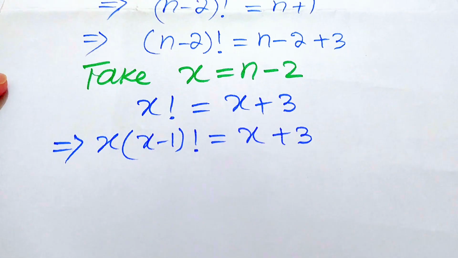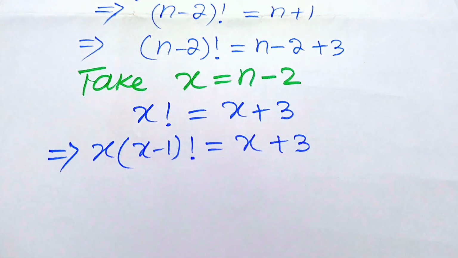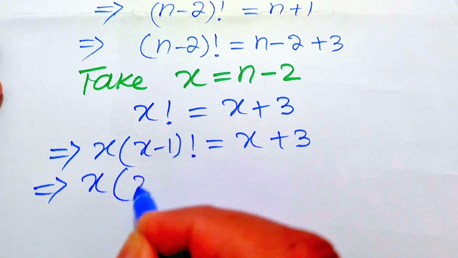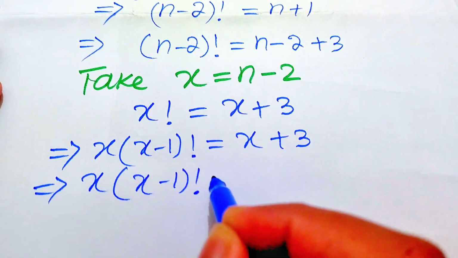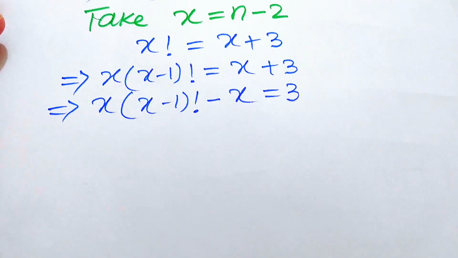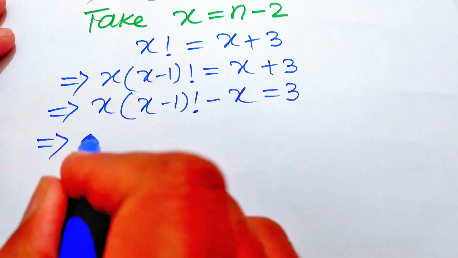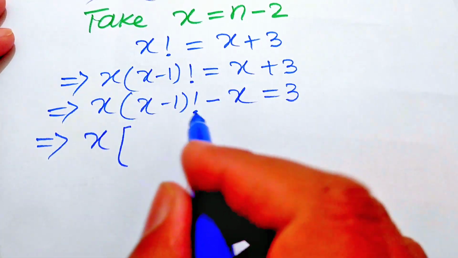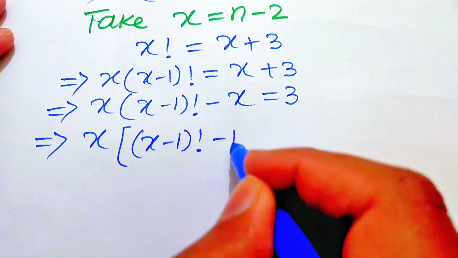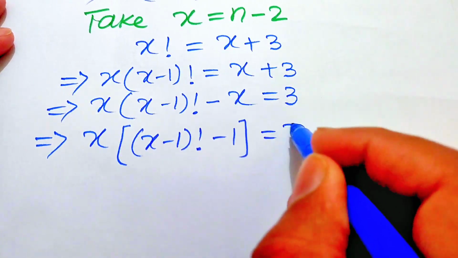So now in the next step, we move this x to the left hand side, and it will be written as x times (x minus 1)! minus x equals 3. So here we take x common, and we obtain (x minus 1)! minus 1 equals 3.